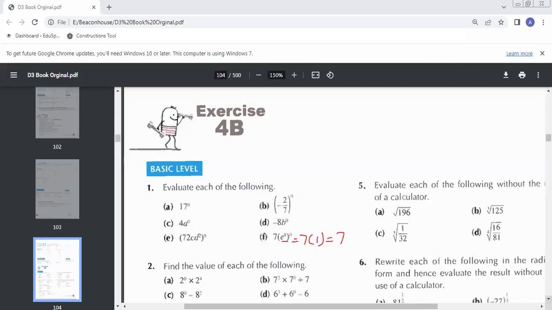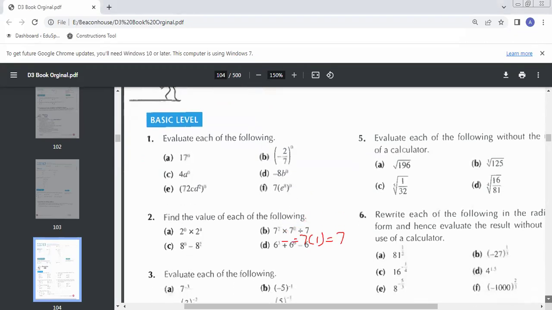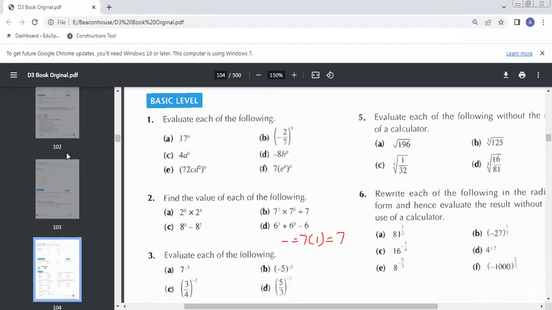Let's move on to the next question, where this is included in some expression, when there are 2 or 3 different terms and power 0 is applied to one of them. Like this, 2 power 0 means the number 1. And in 2 times 2 power 4, that is 1 multiplied by 2 power 4, which equals 2 power 4, which is 16.